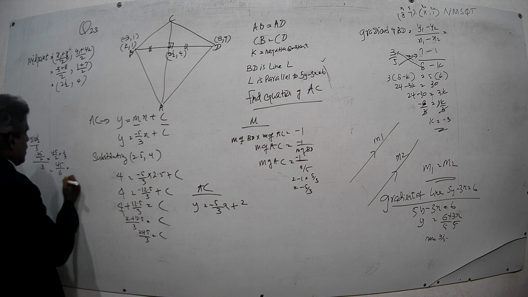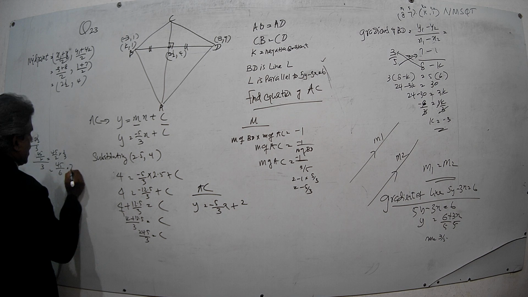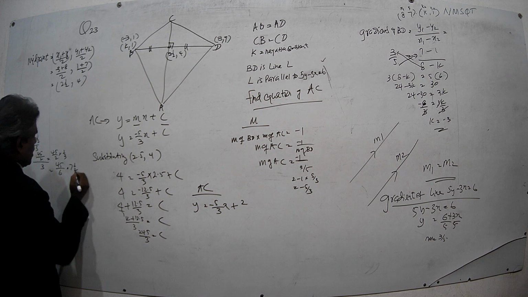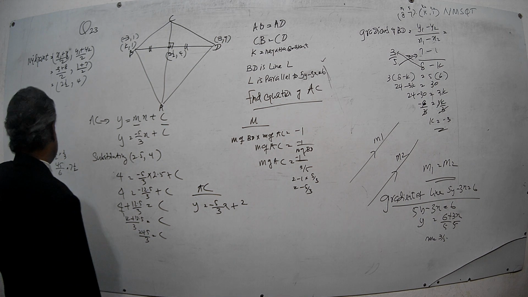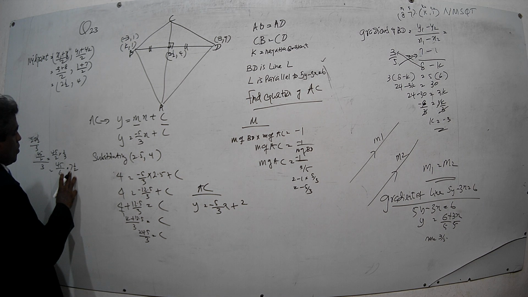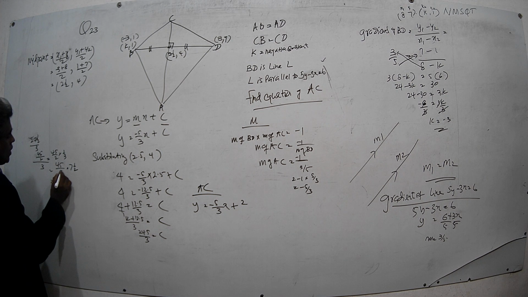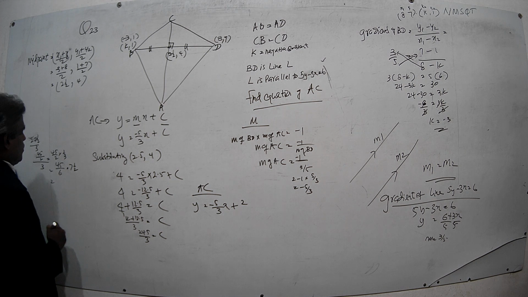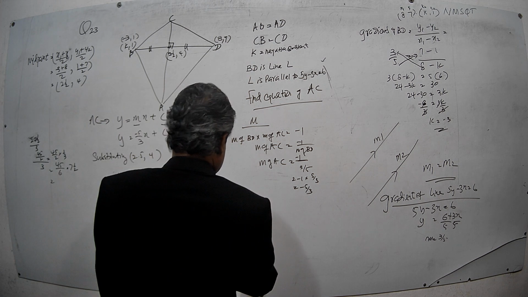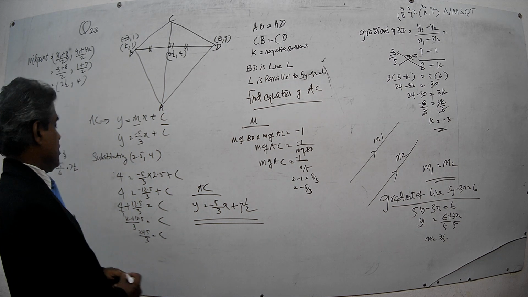This can be written as 6 times 8 is 48, with 1 left, so it will be about 8.17. If you want to cancel further, you can work it out that way. That is the equation of AC.